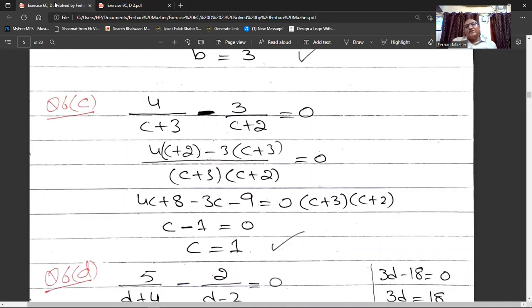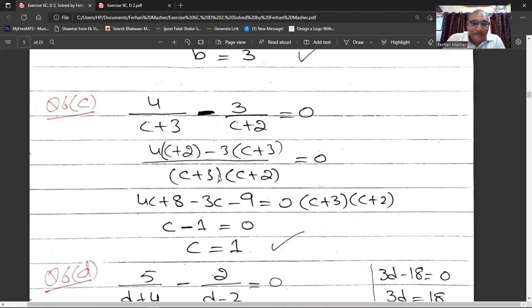You can take either fraction to the other side and do the cross multiplication, or if you want to keep these two fractions on this side, I will take the LCM. In the denominator you have c plus 3 and c plus 2, so both of them will be in the LCM. Divide this LCM with this denominator, c plus 3 is cancelled, so you are left with c plus 2, which multiplies with the numerator: 4 bracket c plus 2 bracket close.